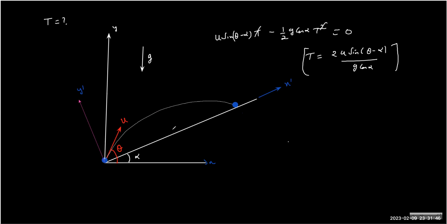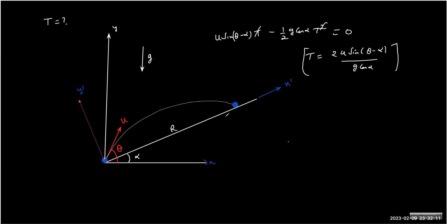And then suddenly I ask this question: can you find this range? Now for range, I have to reconstruct the context. Range up the plane, because in the previous question it was range in the horizontal direction. Context has changed.